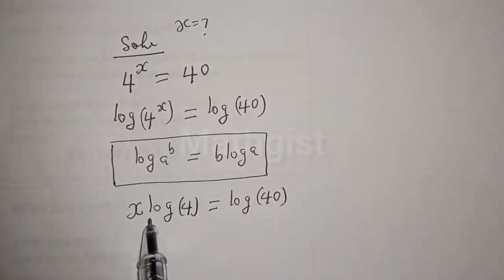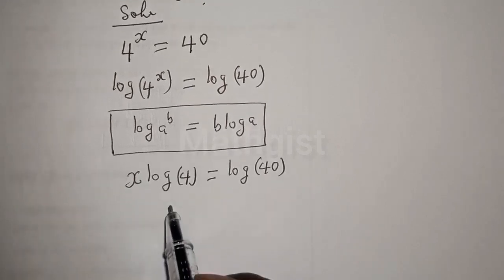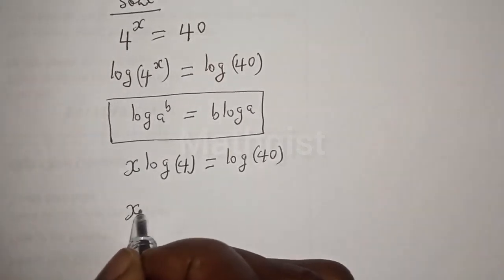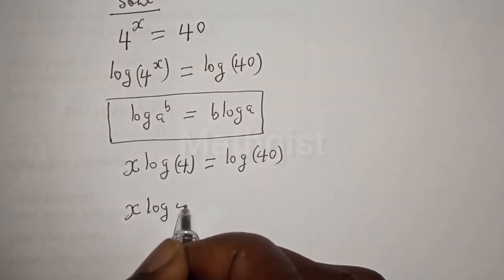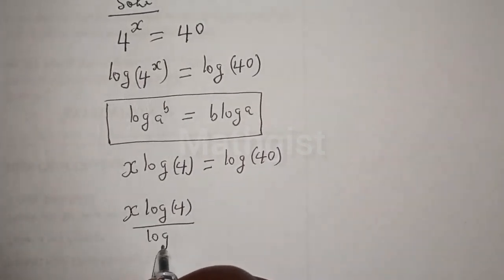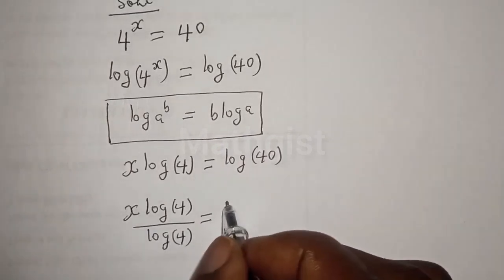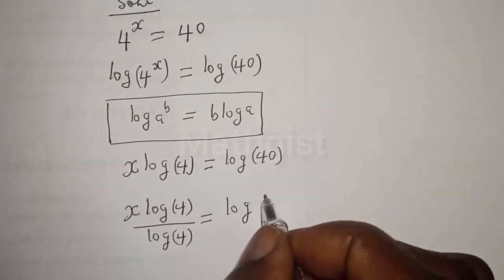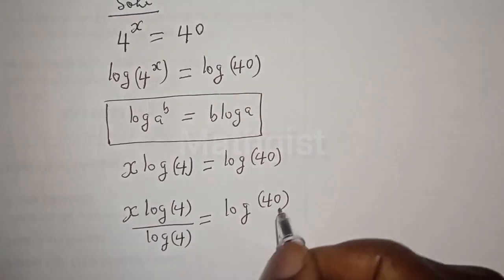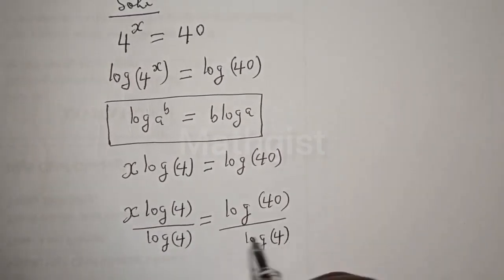Now we are looking for the value of s. Let's divide both sides of this equation by log 4. S log 4 over log 4 is equal to log 40 over log 4.